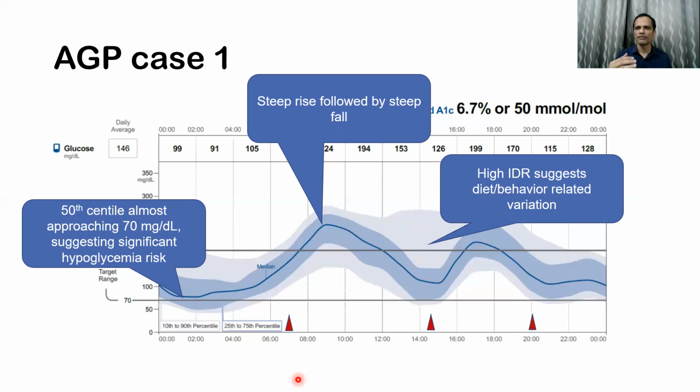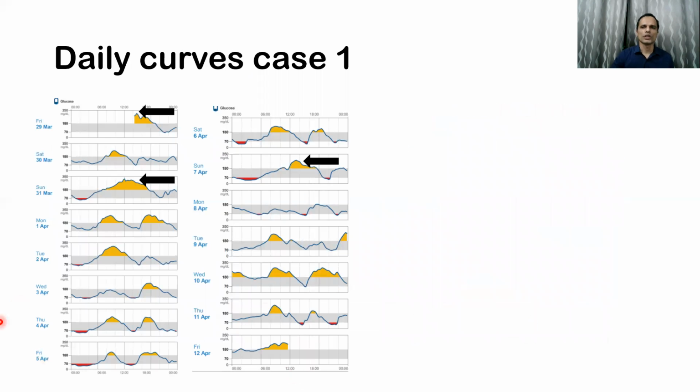Whenever we have high variation with respect to the interdecile range particularly, that suggests that on a few of the days of observation, there was some variation with respect to diet or something else. So then we take the help of daily curves to understand this. We can see that there is a sustained pattern of low glucose in the night and high glucose following breakfast, followed by a steep fall of the blood glucose.